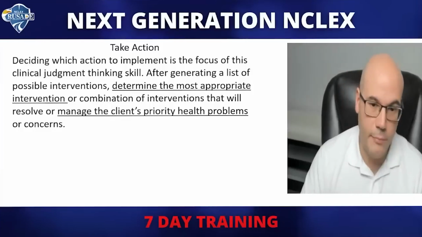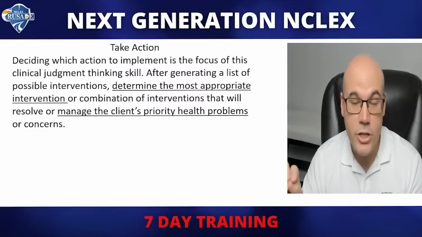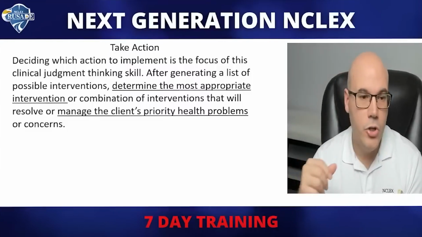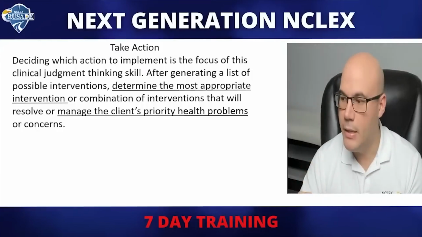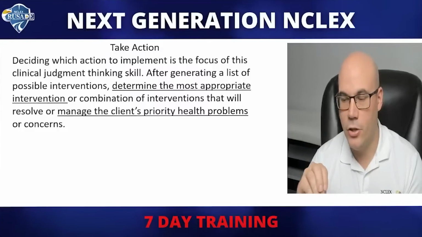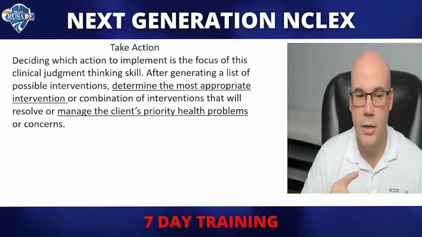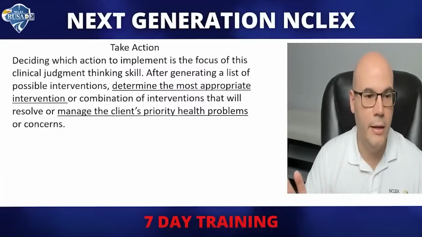Well, it's time to take those specific actions. Decide which action you will implement first, how you will implement those actions. So you need to determine the most appropriate intervention or combinations of interventions that will resolve or manage the client's priority health problem.